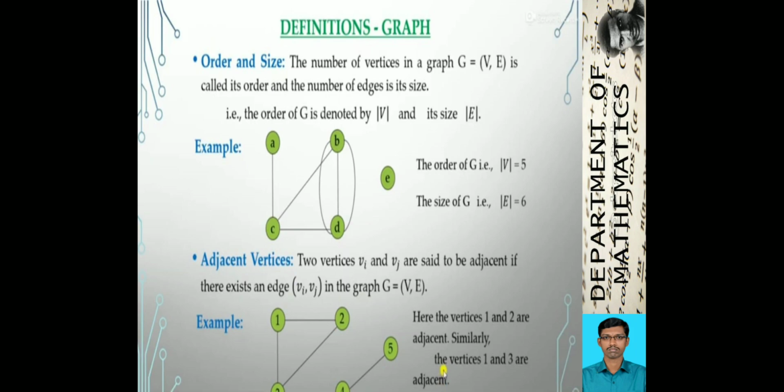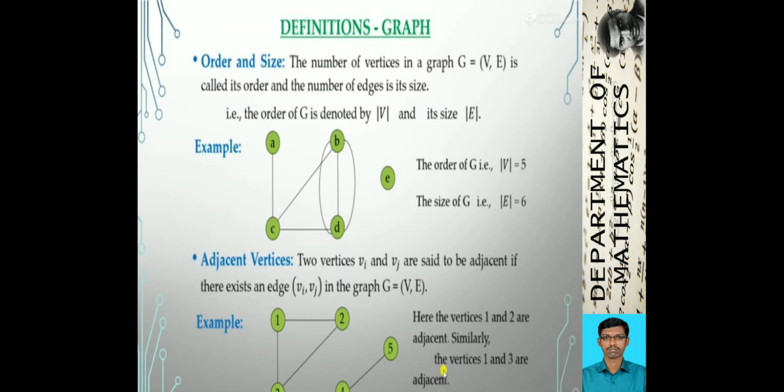We denote the number of vertices by V and the number of edges by E. Example here: for this graph, find the order.